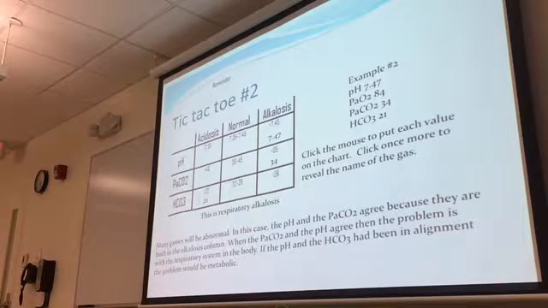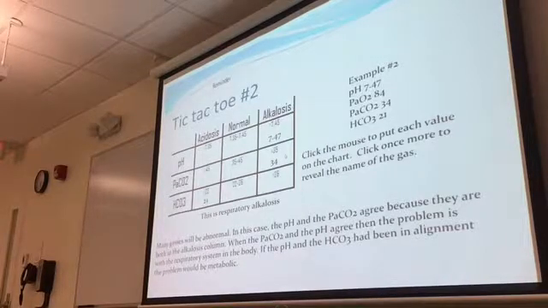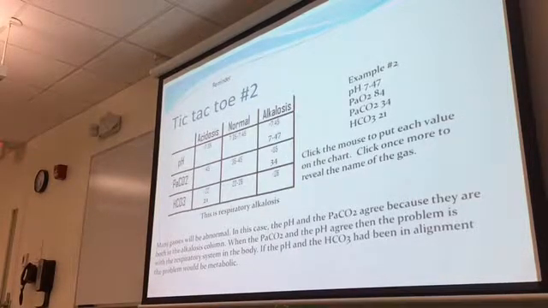Okay, so my pH is alkalotic. Then I look at my PaCO2, it's 34. Well, that's going to go into alkalosis, right? And then I got the bicarb, it's 21. So this is a respiratory alkalosis, because the two that match are the pH is alkalotic and the CO2 is alkalotic. So it's a respiratory alkalosis.